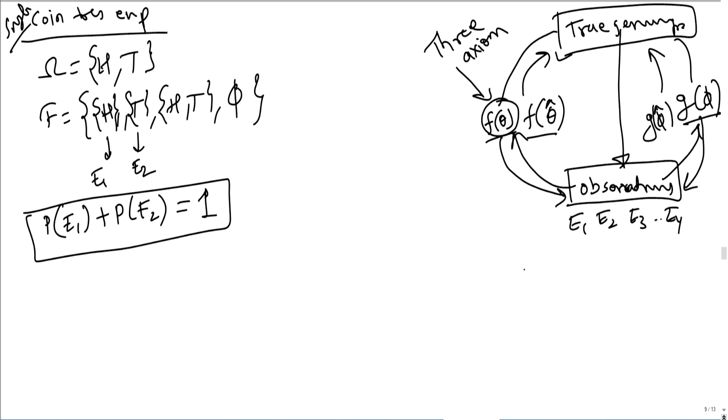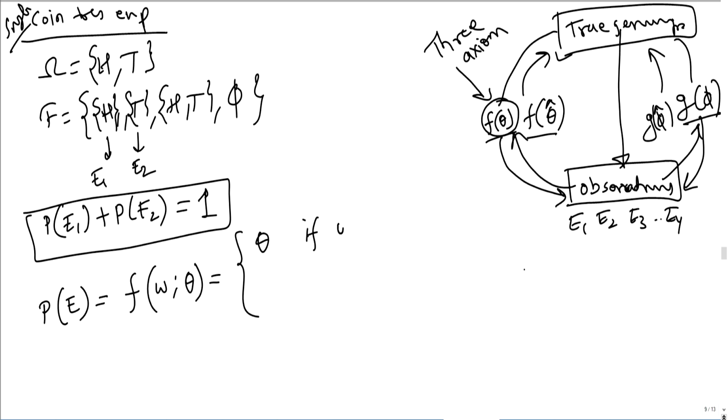So, a very simplistic probability assigner function you can think of is this: the probability of any event E is given by a probability assigner function f containing 2 arguments, omega and theta, such that the value of the function is theta if omega is heads and it is 1 minus theta if omega is tails, right.